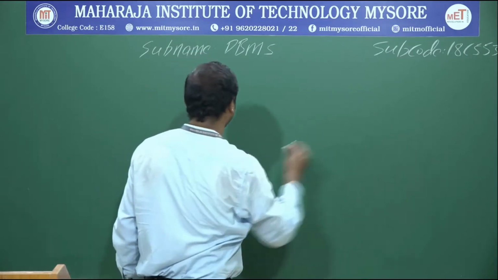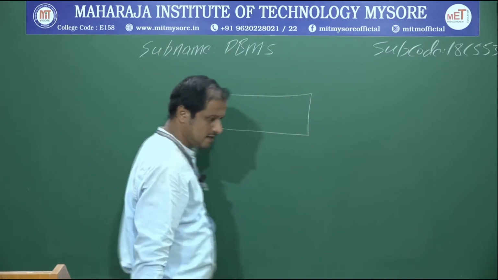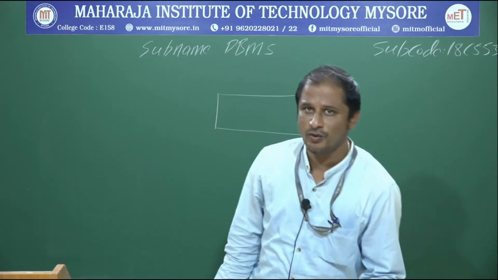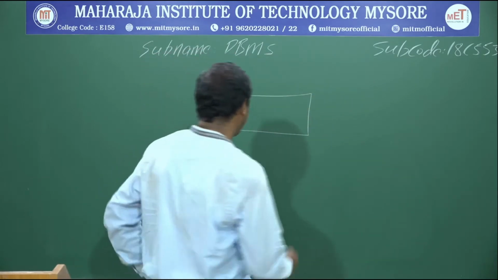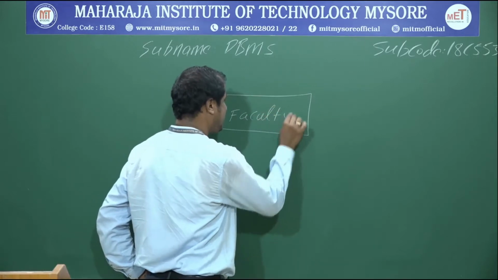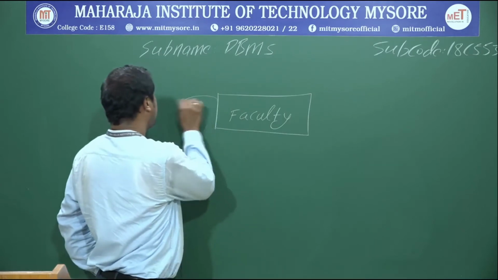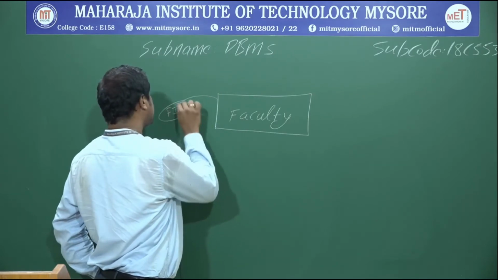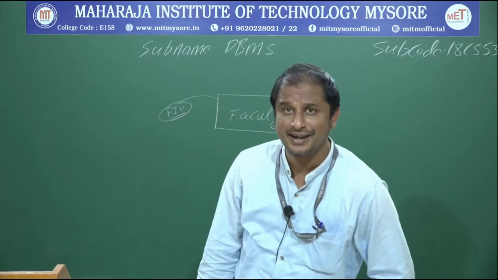Okay. So as I told, an entity represents an object in the real world with an independent existence. So if I consider faculty as an entity in a database of a university or a college, then faculty ID is the key to uniquely identify an entity in the entity set.